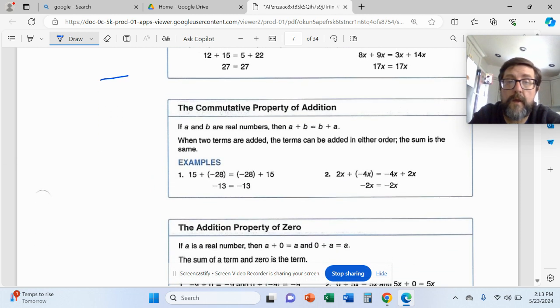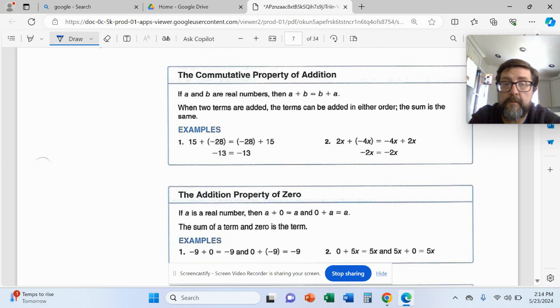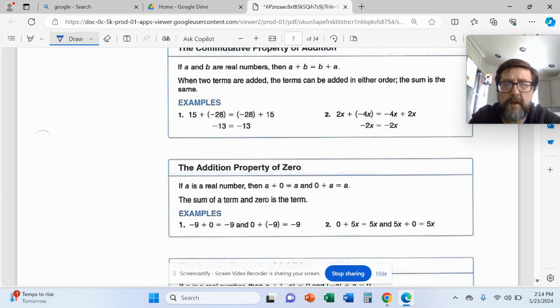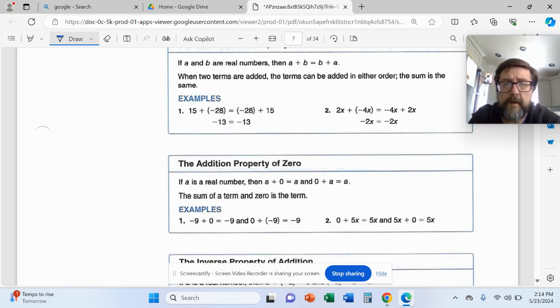Okay. The commutative property of addition. If a and b are real numbers, then a plus b equals b plus a. It doesn't matter how you turn them with addition. Okay? I don't really care for them adding the parentheses.